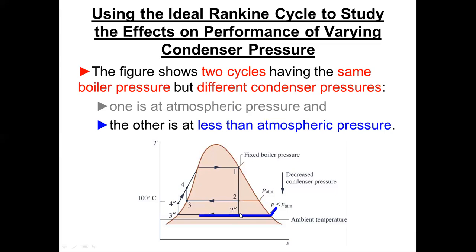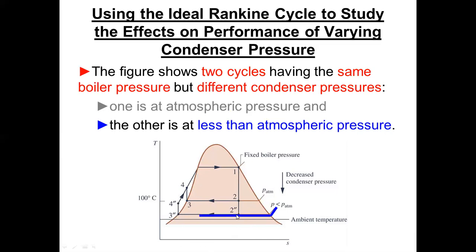The other way to look at it is the heat rejection area. The heat rejection area is from 2 to 3 down to the axis. We don't have the letters A and B, but that area is the heat rejection for the initial cycle. For the second cycle, where we lower the condenser pressure, it's this area enclosed here.